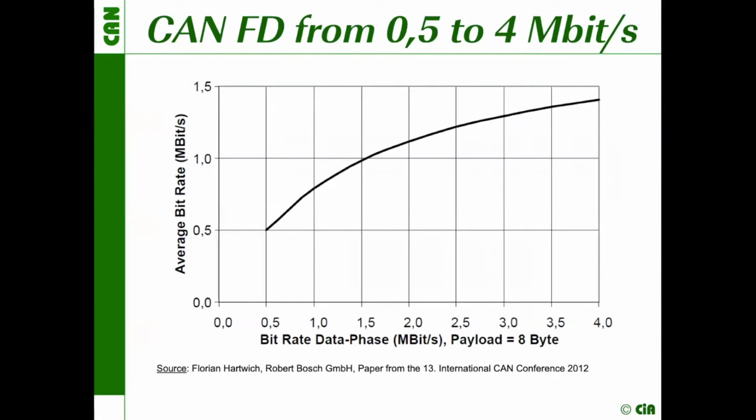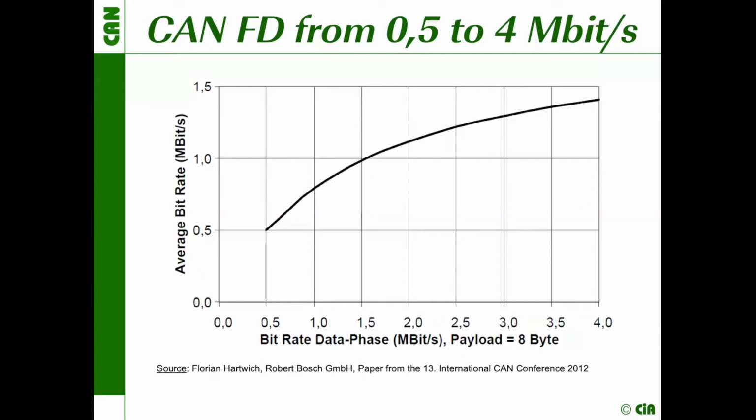I have some graphics, some curves on the efficiency. In this example, we are trying to transmit a CAN message with an 8-byte length. We try to transmit it at 500 kilobits. Even the data phase is at 500 kilobits. Of course, then we have an average bit rate of 500 kilobits.